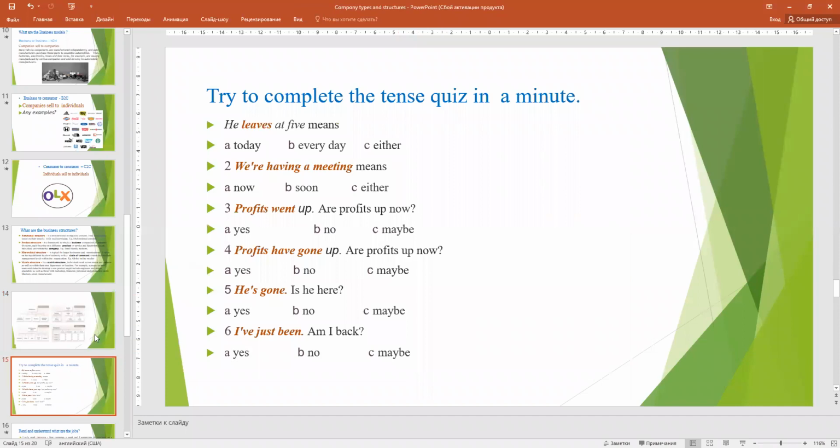So we have a quick quiz for a minute. Can you try these tests? Can you find the correct answers? Your task is to choose a proper option that fits each question.